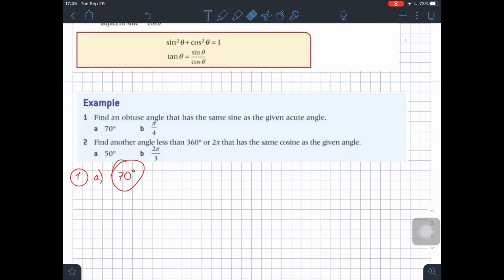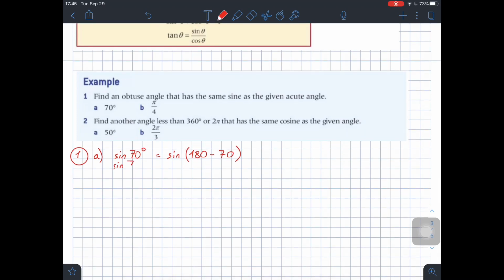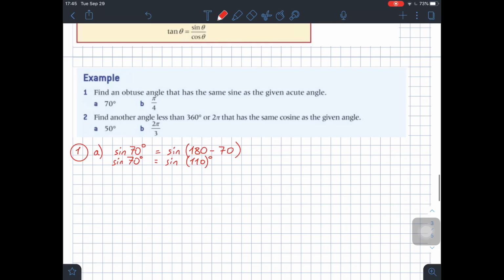So sine of 70 degrees must be equal to sine of 180 minus 70 degrees. So sine of 70 degrees is equal to sine of 110 degrees. That means the other angle that produces the same sine value is 110 degrees.